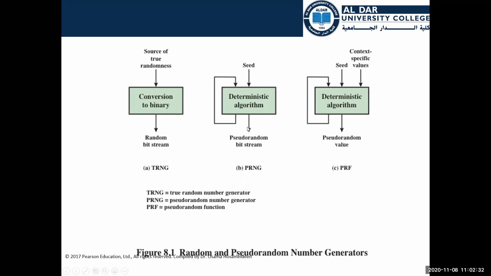If they are known, the attacker will be able to recreate the entire bit stream. And the last one is the pseudo-random function, which creates a deterministic bit stream with a fixed length.